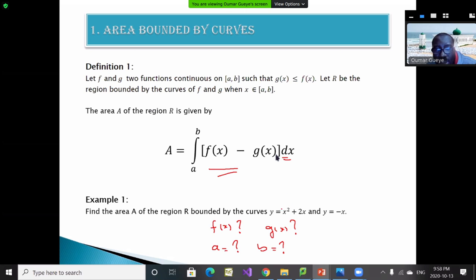And that's why I have to find the intersection point between these two functions. In fact, what I need is not the intersection point. I need the x coordinate only, the x coordinate of the intersection point, because my functions are in terms of x. I don't need the y coordinates in my calculations. Next we'll see how to do it.